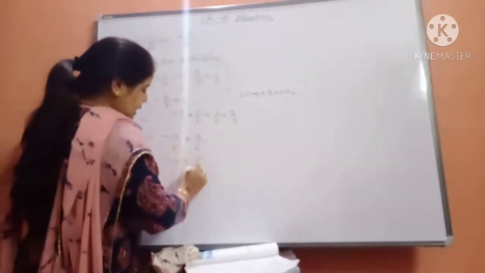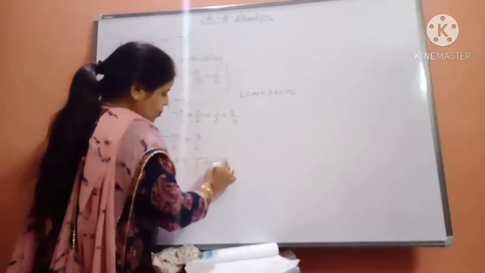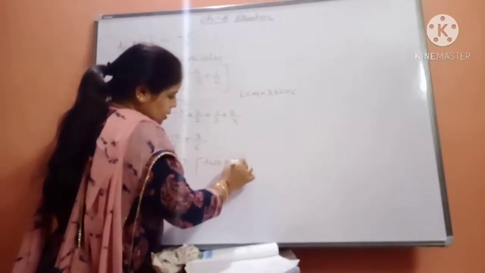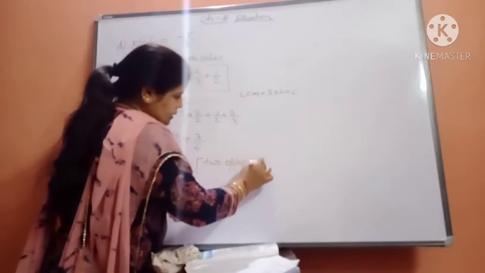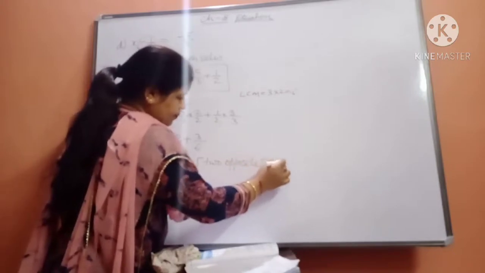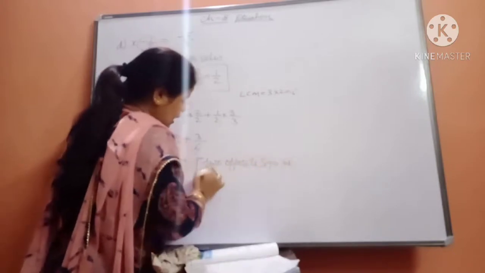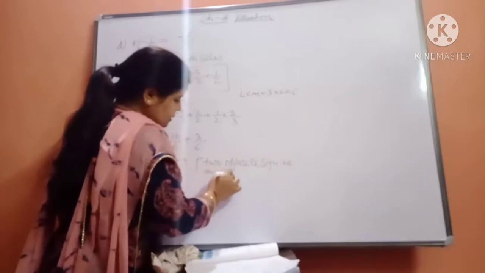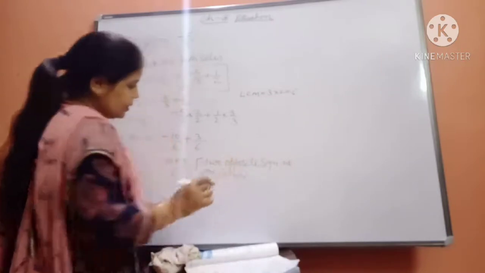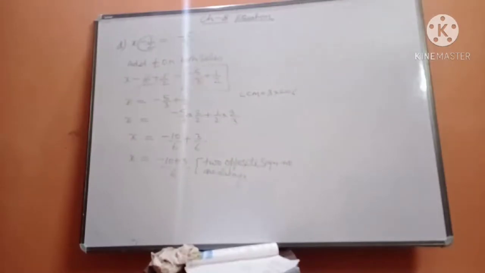So write that two opposite sign numbers are always subtracted.